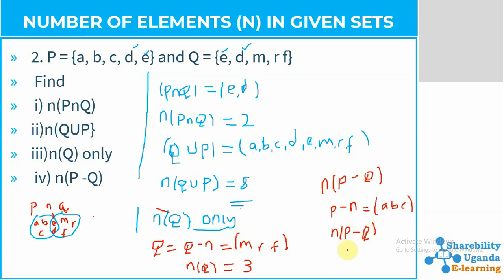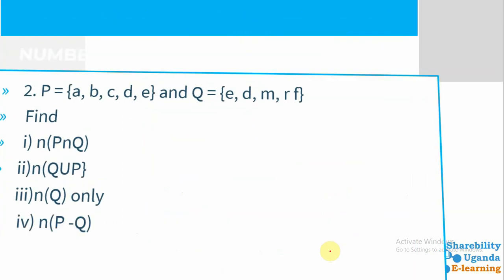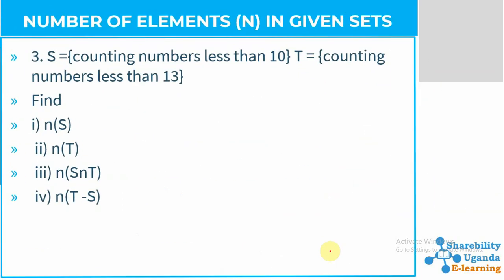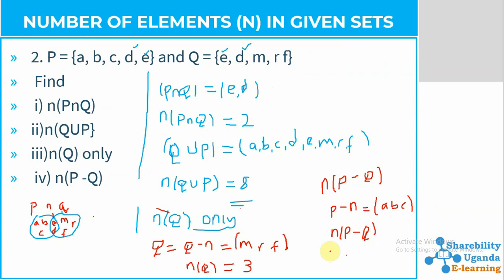So here what we shall do is to understand how many members are in P and how many members are in Q. Let's continue. If you can see the members of Q, we got 3.